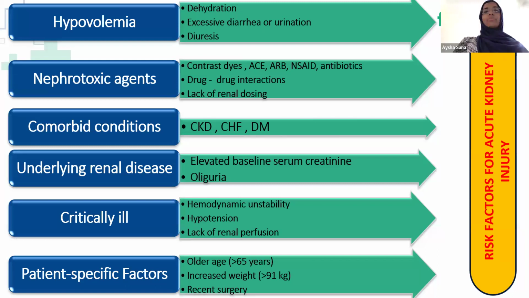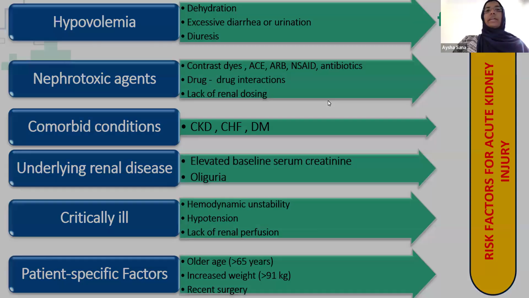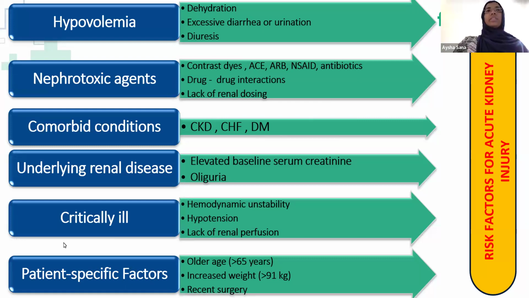Then the last are patient-related factors like old age, increased weight, or recent surgeries. So these are a set of risk factors that will further increase the renal injury for a patient if we give a nephrotoxic drug.